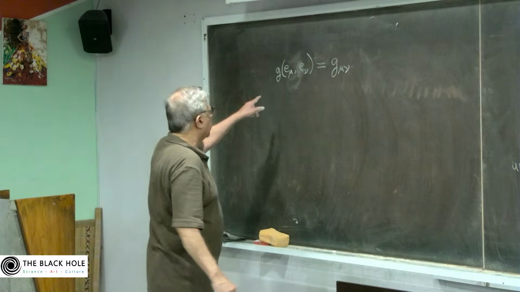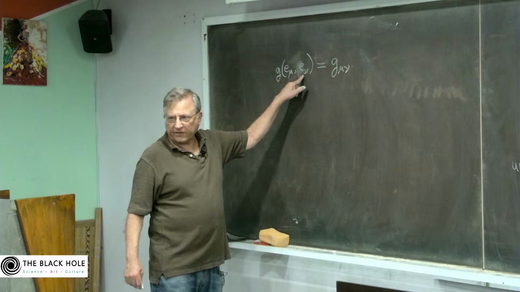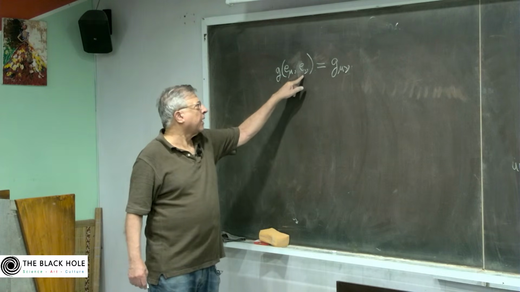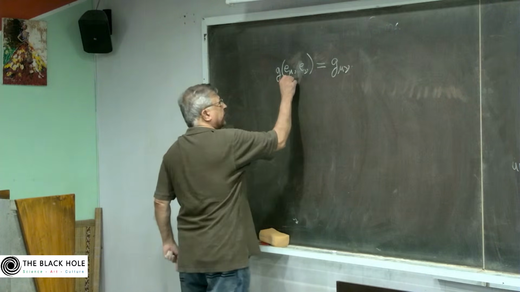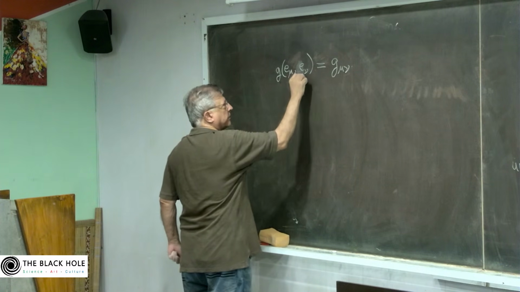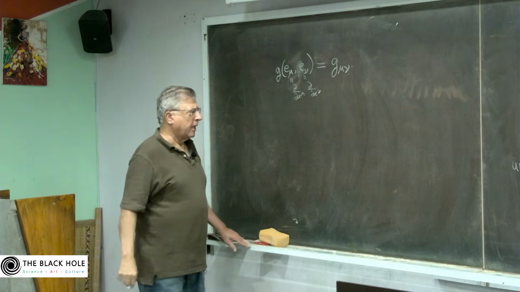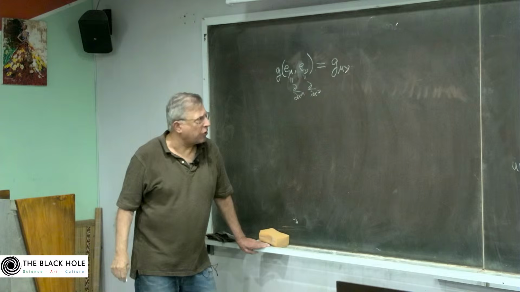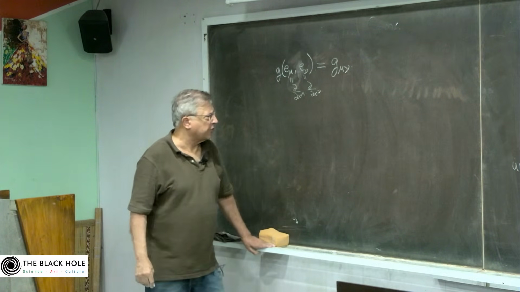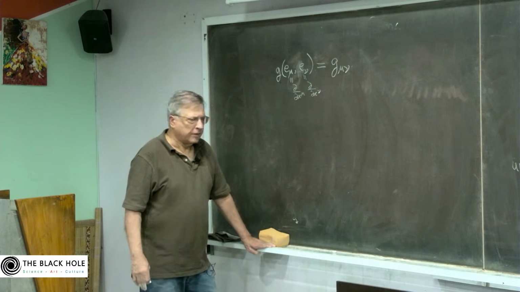In other words, G is a tensor that takes as input two vectors, in this case unit vectors, and of course this E mu is the dot product of these two.